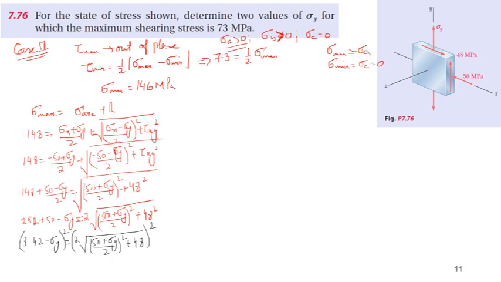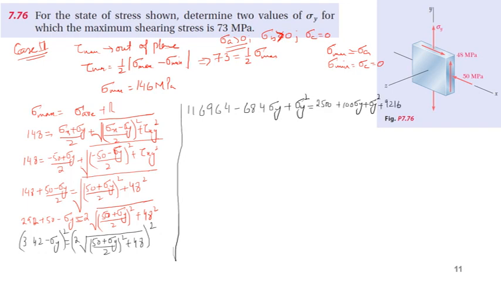and expand. So when I expand it and simplify it, this value will become 116964 minus 684 times sigma y plus sigma y square, and that will be equal to 2500 plus 100 times sigma y plus sigma y square plus 9216.